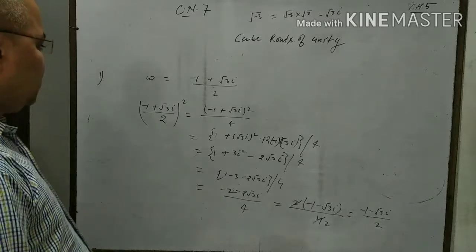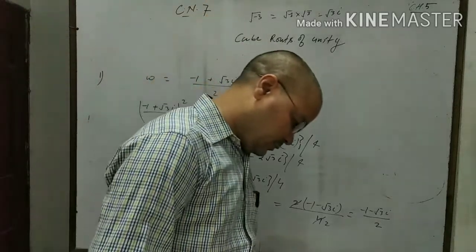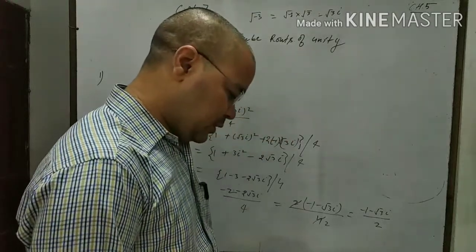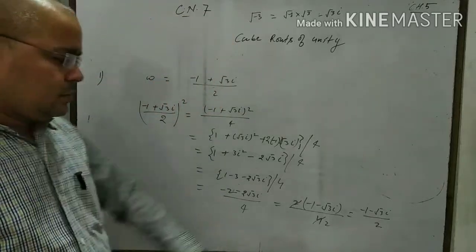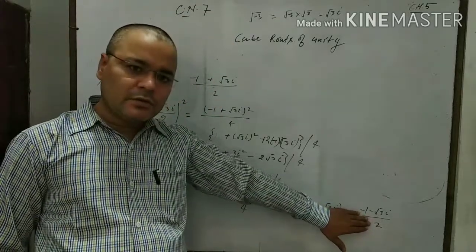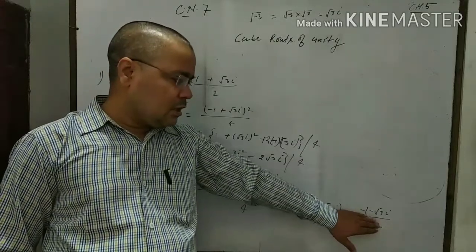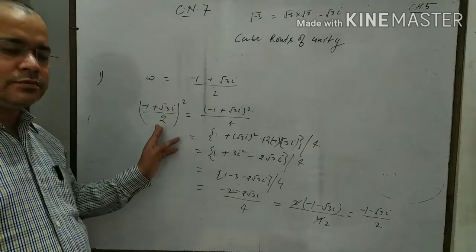It means each non-real cube root of unity is the square of the other. What is omega square? Omega square means the third root is the square of the second root.